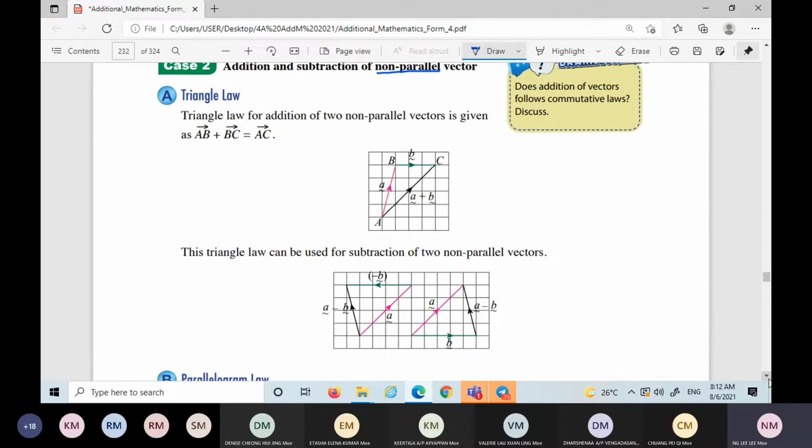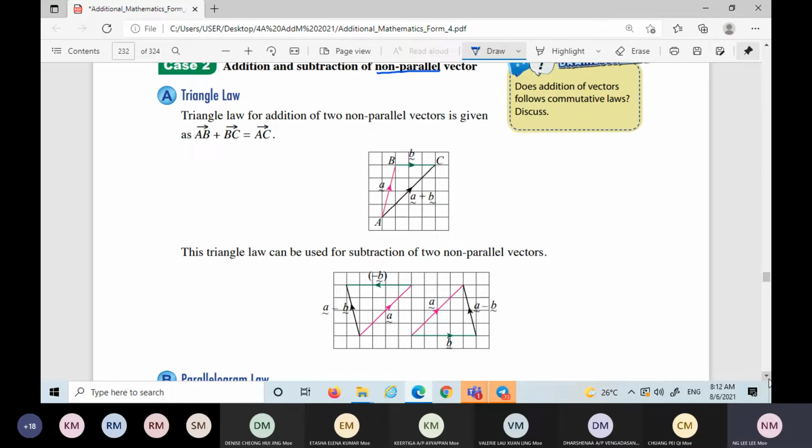Now we start with the triangle law. Actually, there are two laws: triangle law and parallelogram law. These two are totally different. But the polygon law, which is the third one, actually comes from the triangle law. The polygon law is for when we combine more than two vectors.